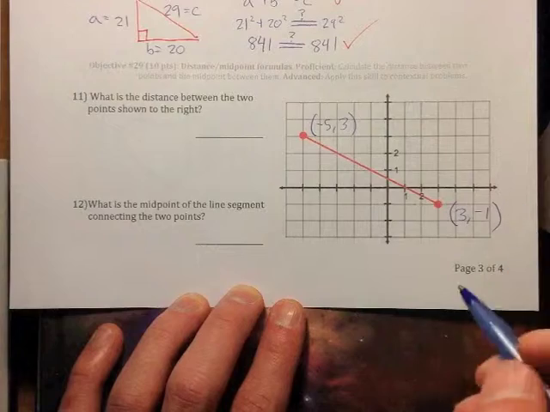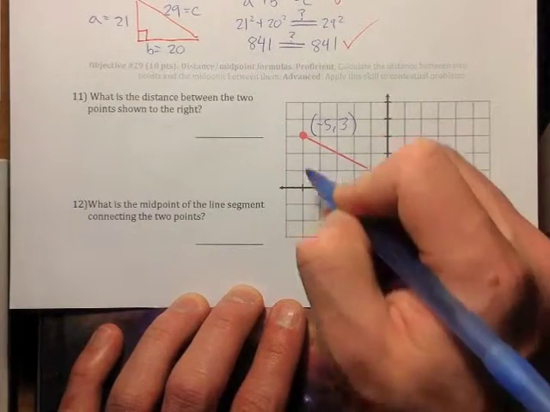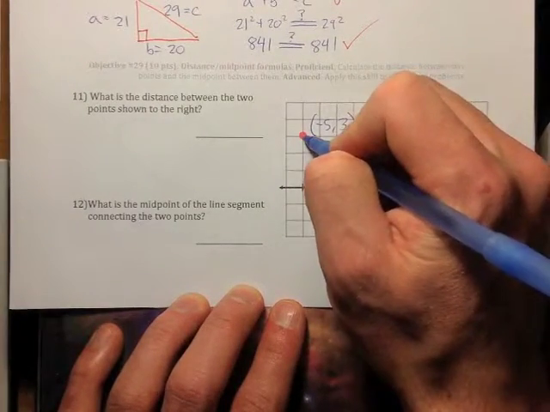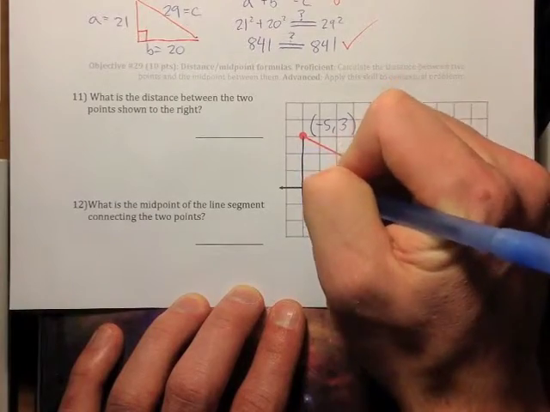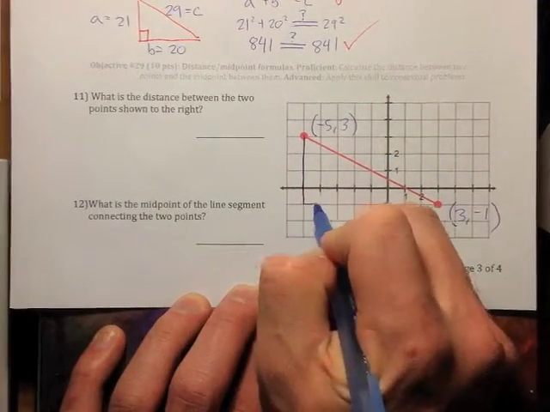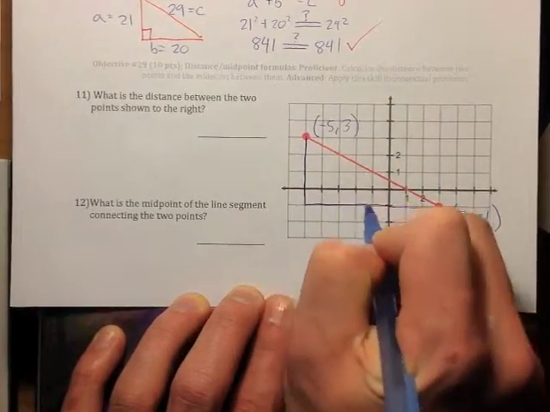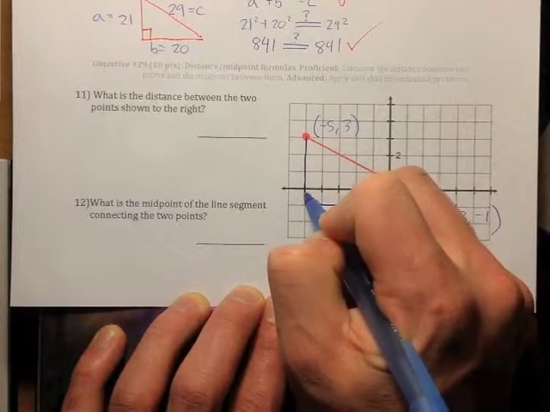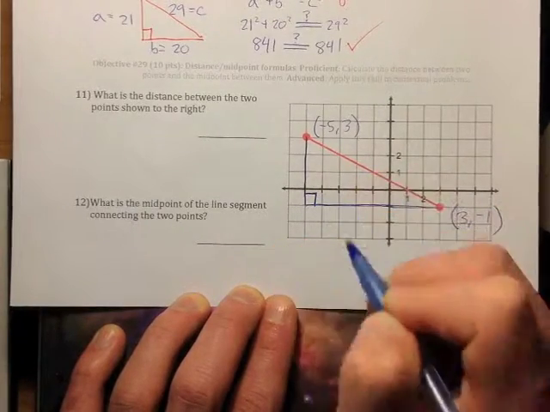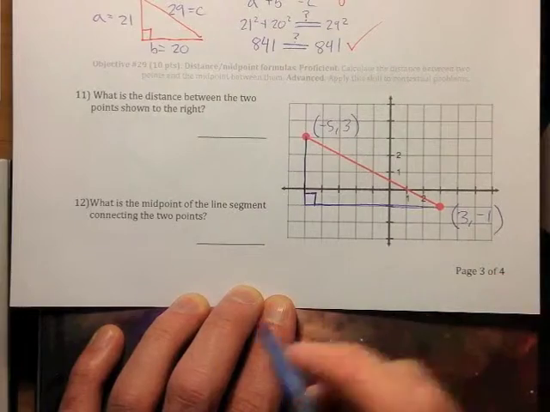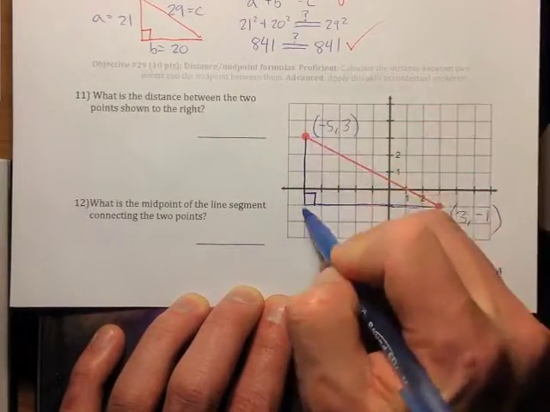And the way to do that in this case is to recognize that we have a right triangle here, right? Here's the length of one side, here's the length of another side, and this is a right triangle. So all we need to do is identify the lengths of these sides.